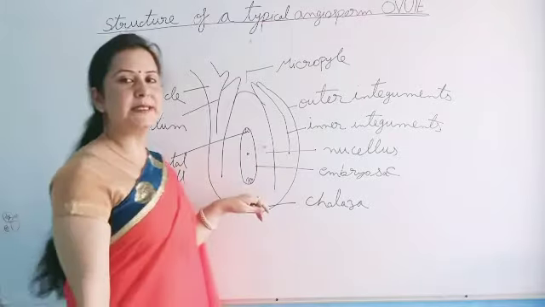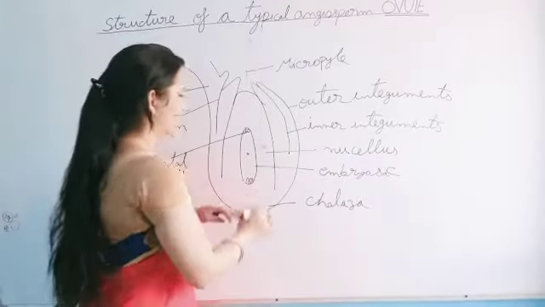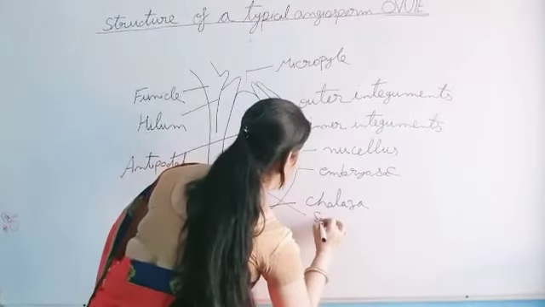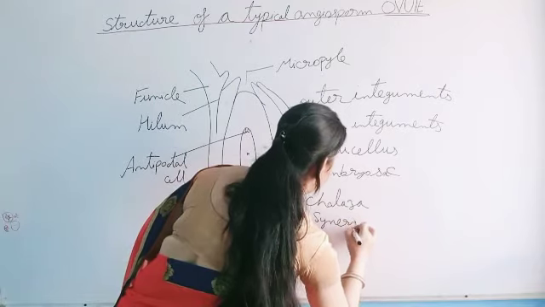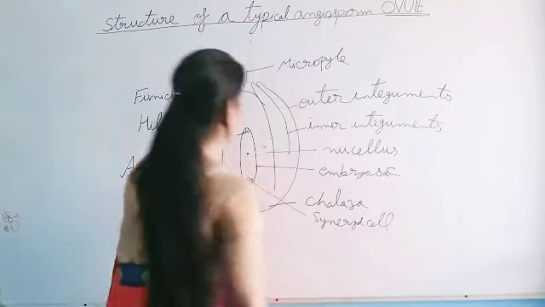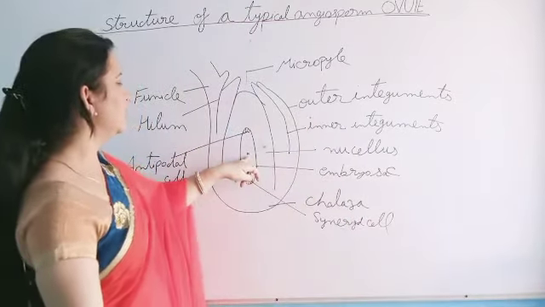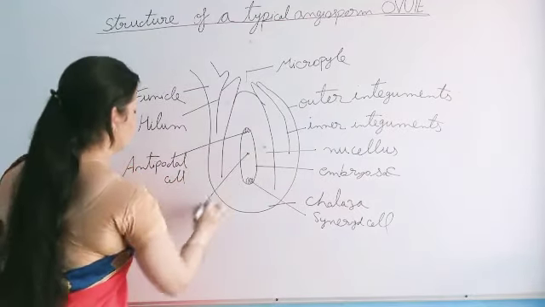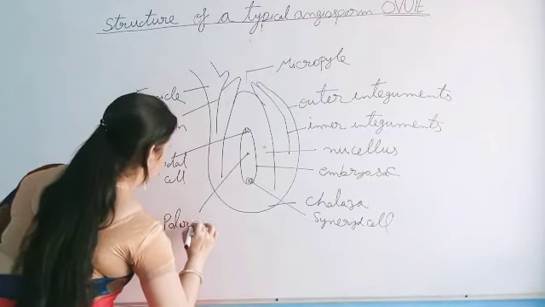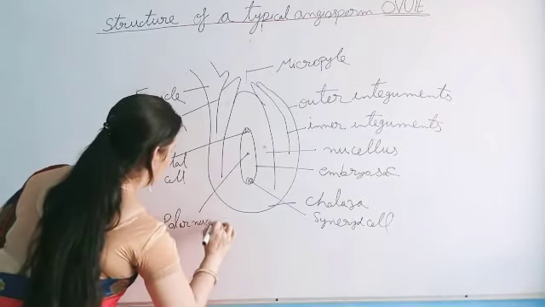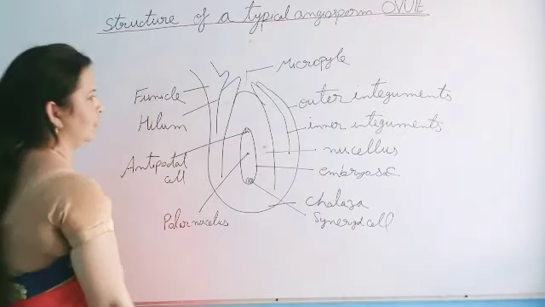And 3 cells at the micropyle side are called the synergid cells. And in the mid side is present the polar nuclei.